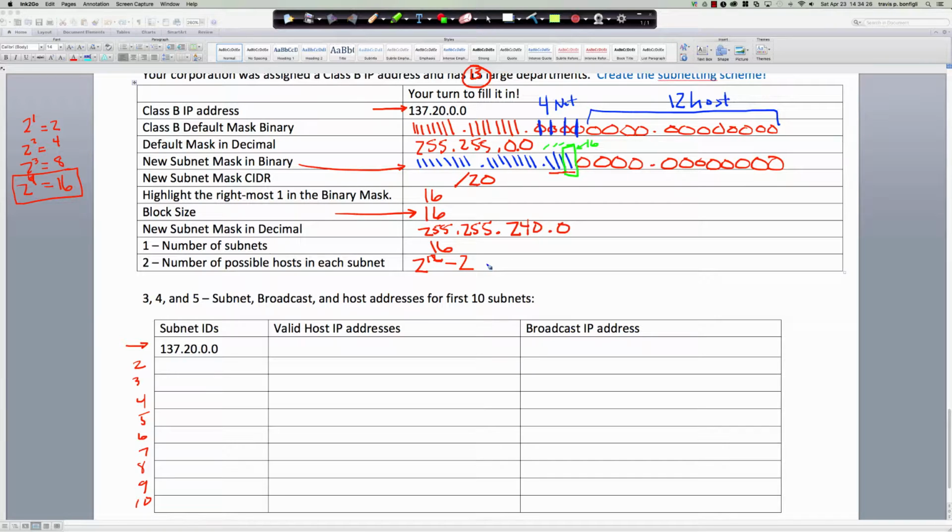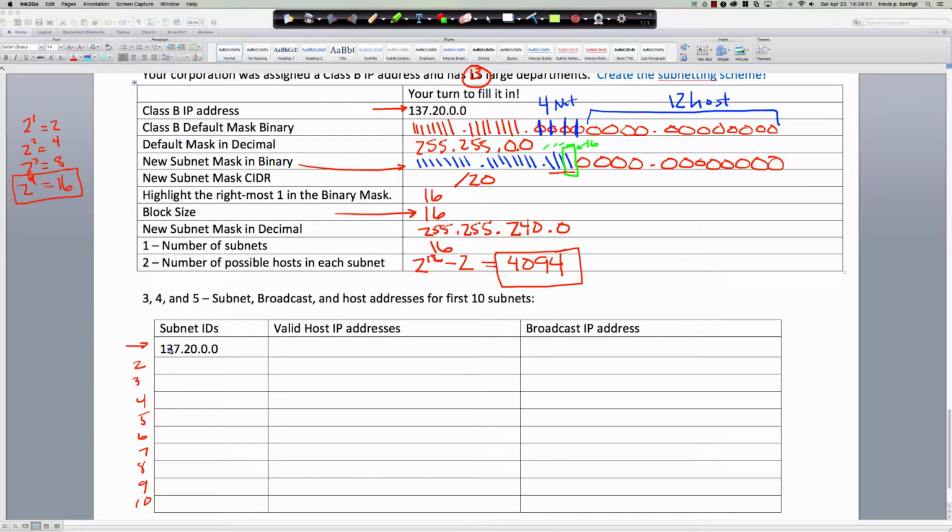Well, 2 to the 12 is 4096 minus 2 is going to give us 4094. So that's a pretty decent sized subnet where you have 4,094 hosts in that subnet. Remember, a subnet would be a VLAN, would be a broadcast domain, right? So pretty big broadcast domain right there.